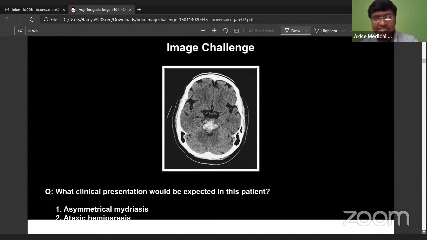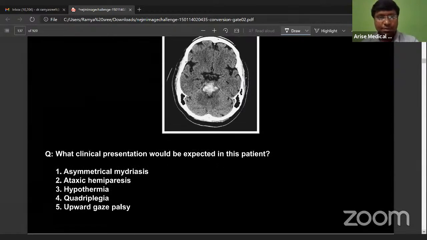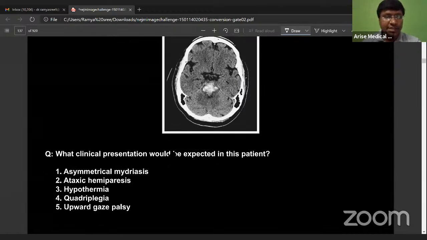Okay, which clinical presentation would be expected in this patient, right? This is an image from a patient which I have seen personally.